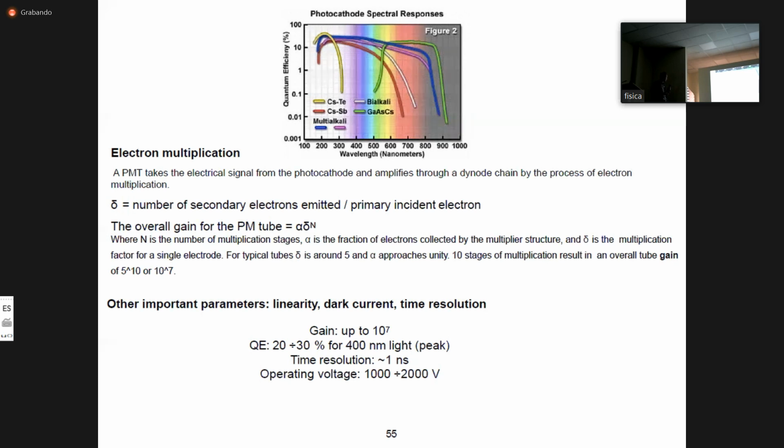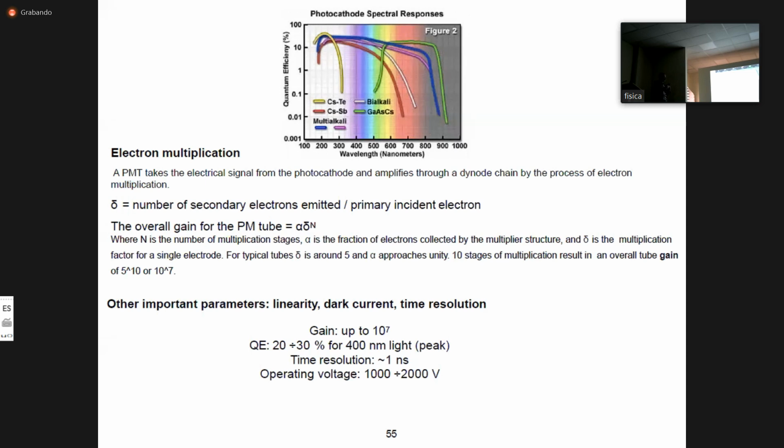Sometimes it's not important, but there are also some other parameters, though I'm not going too deep into details. There should be time resolution, how quickly you collect your light, the transit time, how quickly the electron avalanche moves inside this vacuum tube, and linearity, because you have a uniform response to low flashes of light and to big flashes of light.